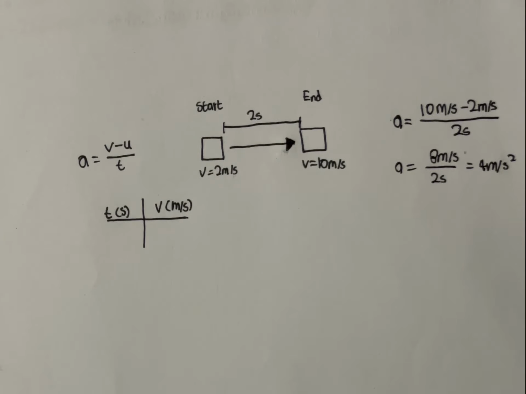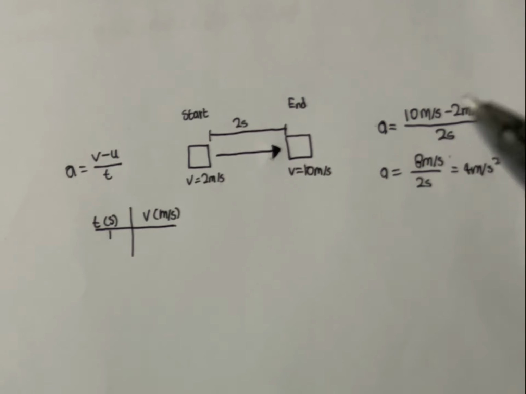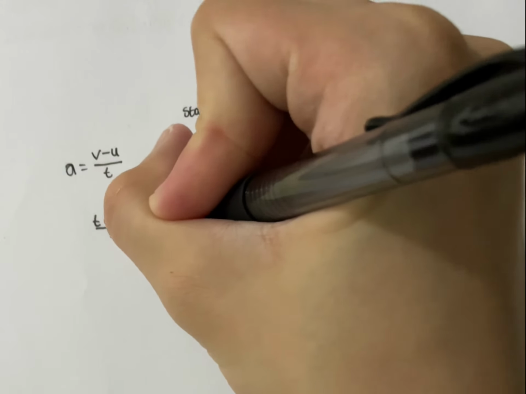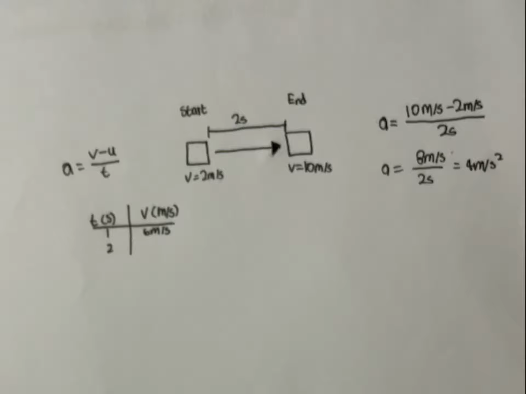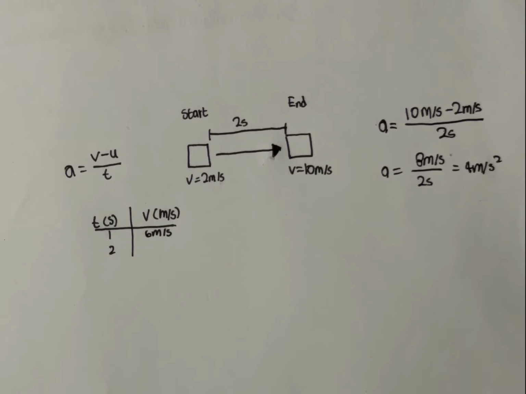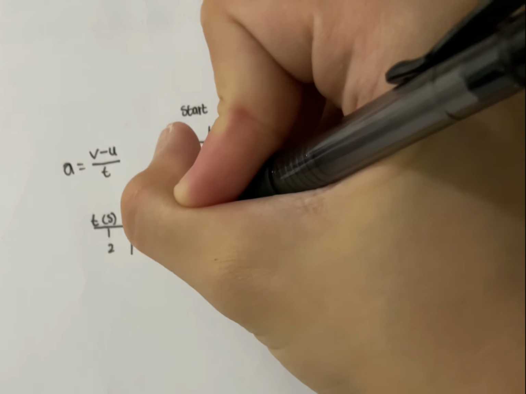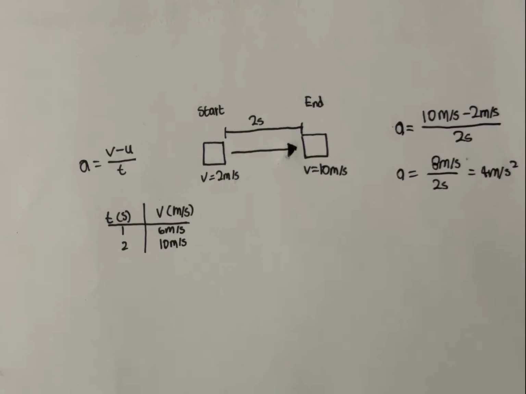This is assuming that acceleration is constant, by the way. At t equals 1 second, our velocity will just be 2 plus 4 meters per second. That would just be 6 meters per second. Alright? What about at t equals 2 seconds? Well, if we gain 4 meters per second every second, then at 2 seconds, we're going to be at 10 meters per second. And it agrees with this problem. Right? Okay. Very good.